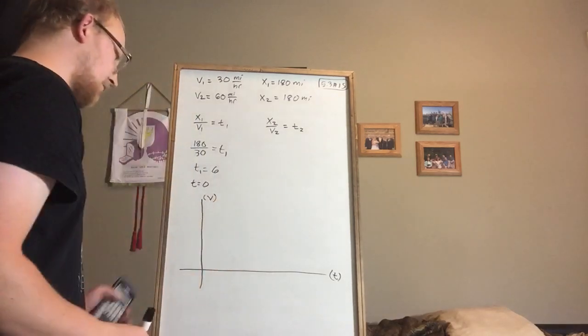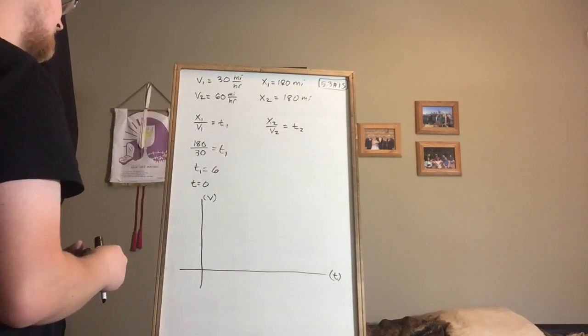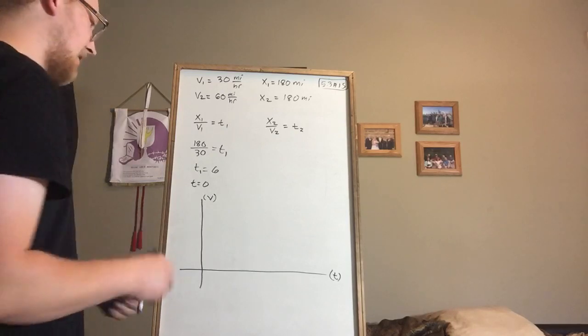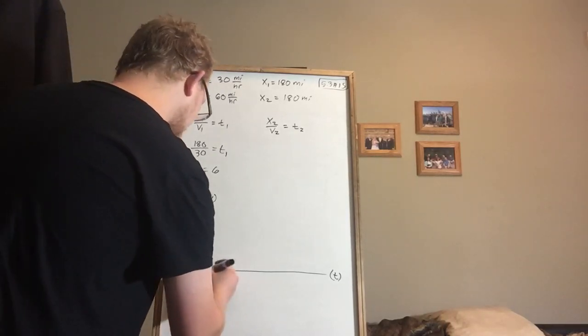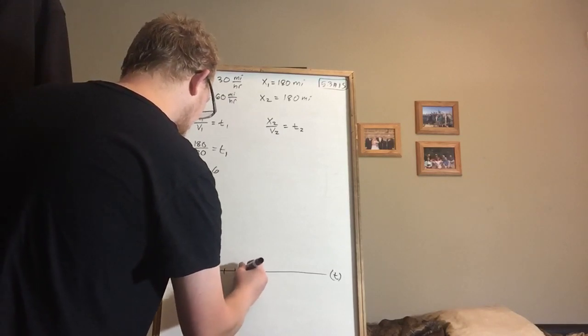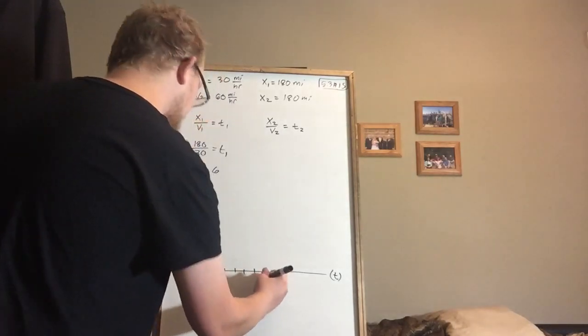Okay, so v is our y-axis, and in this case, we know that our velocity was a constant rate from time equals 0 to time equals 6. 1, 2, 3, 4, 5, 6.